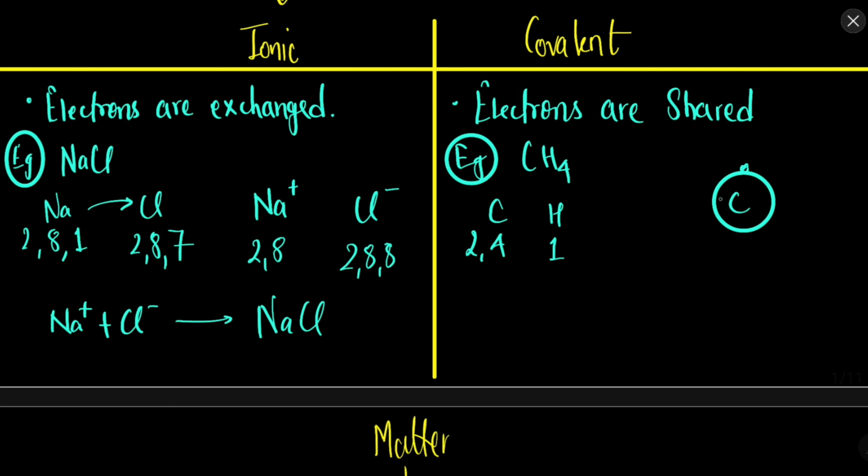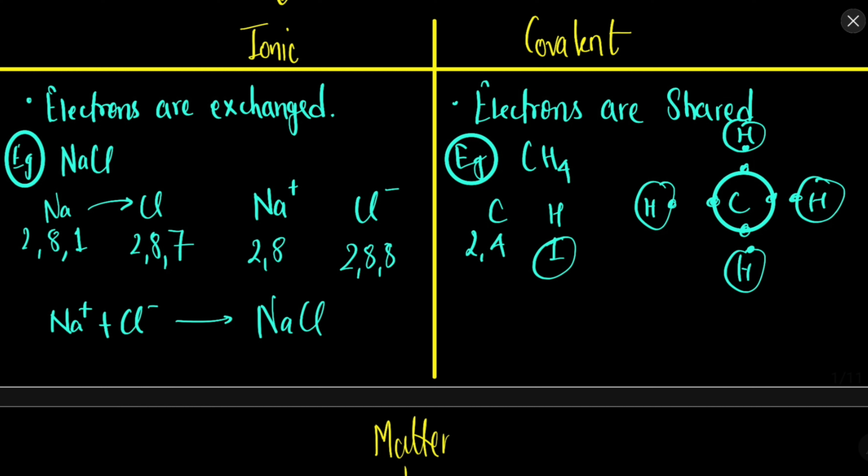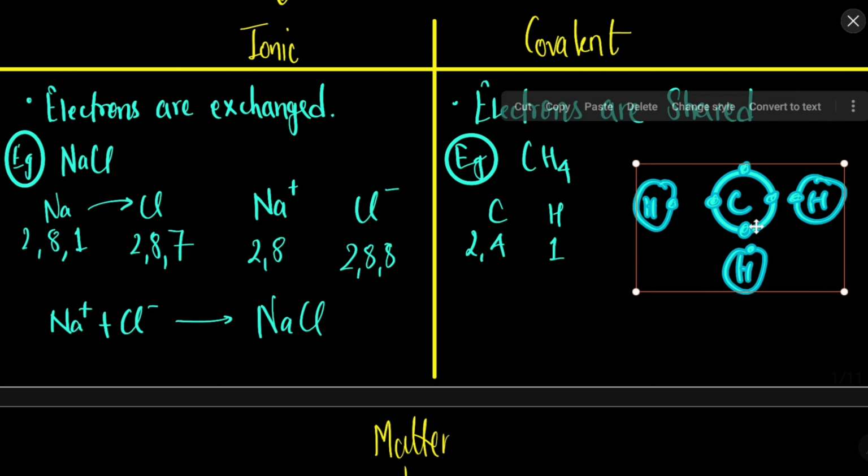The outermost shell of carbon has 4 electrons. So carbon can do one thing. It can bond with 4 different hydrogens. Each hydrogen will give it 1 electron. And what does hydrogen need? Hydrogen needs 1 electron because it needs to complete the duplet. In the first orbit only 2 electrons can be there. So the hydrogen atom only requires one electron.